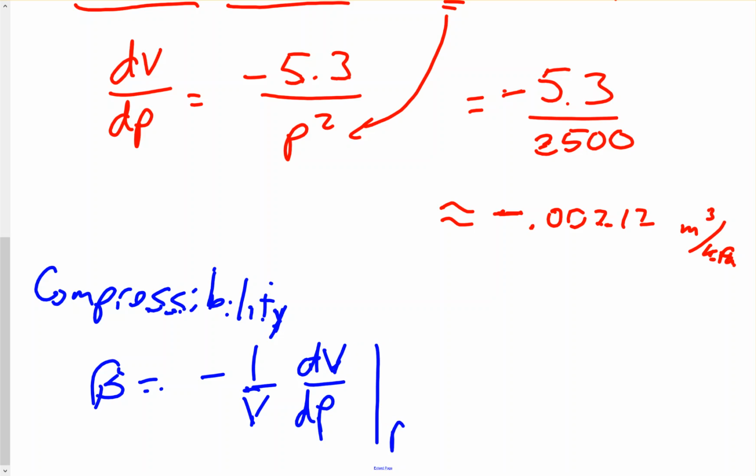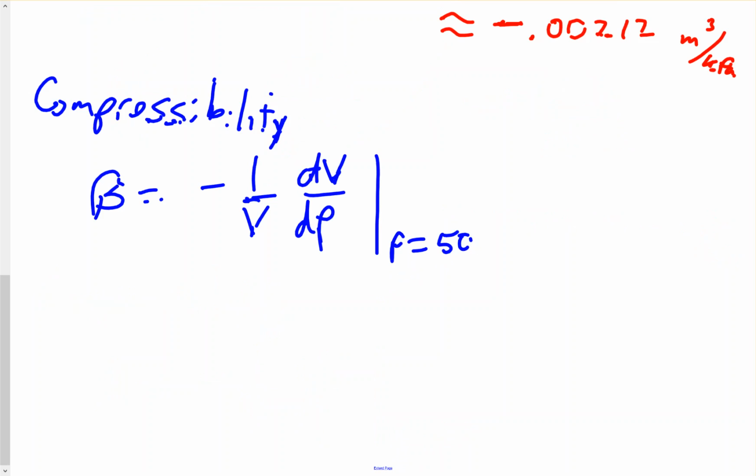And then we would evaluate at P equals 50. Okay, so we have, well, it's 1 over V, so that's going to flip.